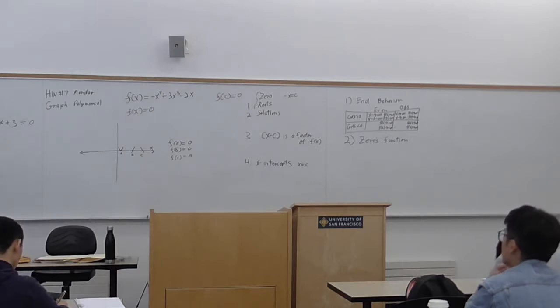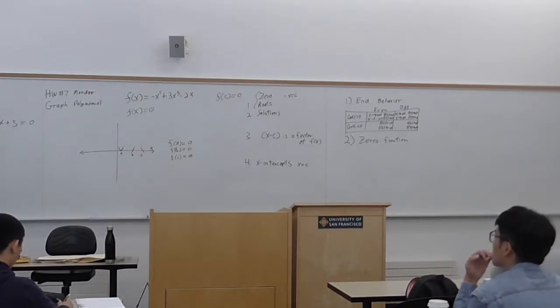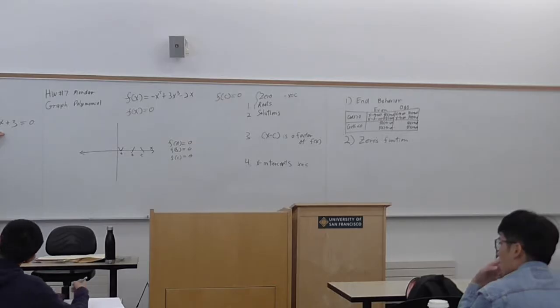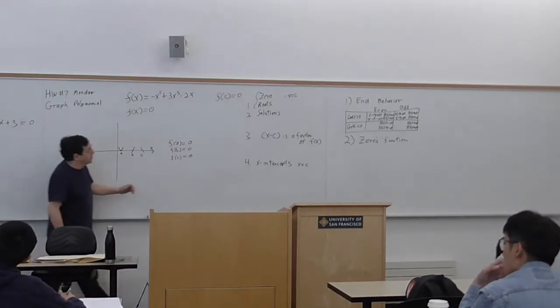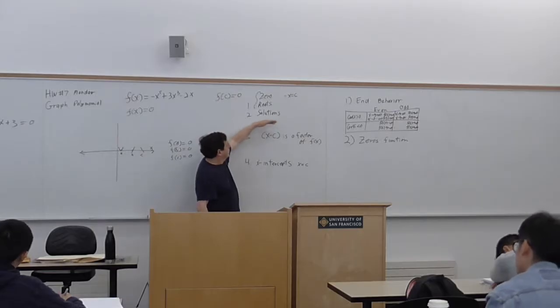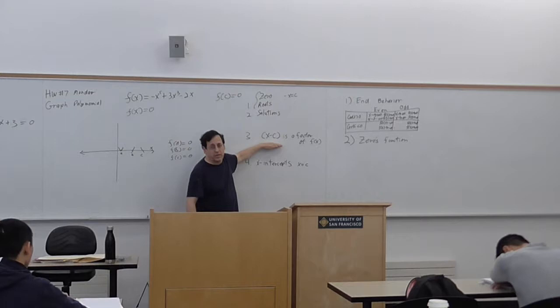Well, that holds for any degree polynomial. I want to be clear. What I just said is one direction. I said, if I can factor this, that's where the solutions and the zeros are. Now I'm going to say the opposite. I'm going to say, if I have a solution, c, then x minus c is a factor.